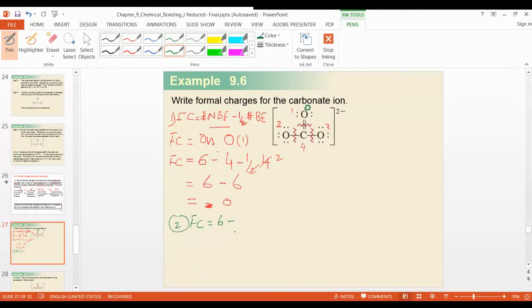Minus how many non-bonding electron? 6. Minus half how many bonding electron? 2 electrons. Now you will get 6 minus 6, minus 1. So this is 6 minus 7. So you will get minus 1, right? And this has minus 1 formal charge on this oxygen.